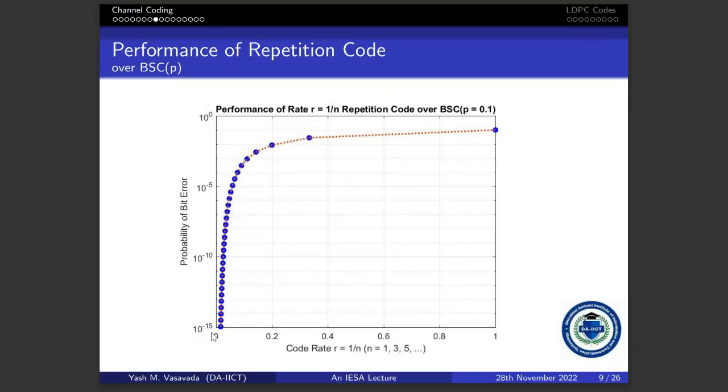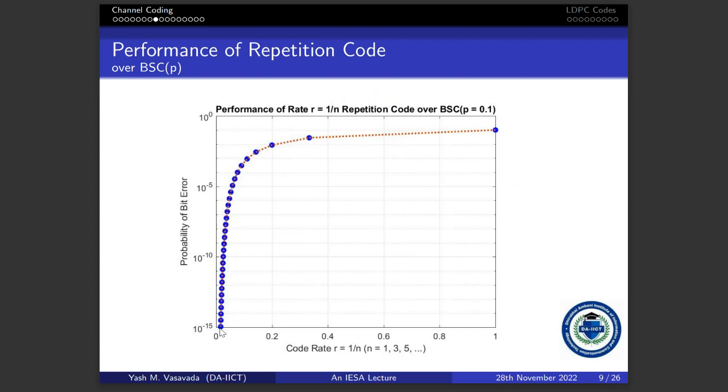This is the same chart plotted in the logarithmic manner. And you'll see that on the y-axis, the probability of errors takes a nosedive, right? They really fall off sharply. But then the price that I pay is that my code rate also drops and it starts becoming close to zero, right?